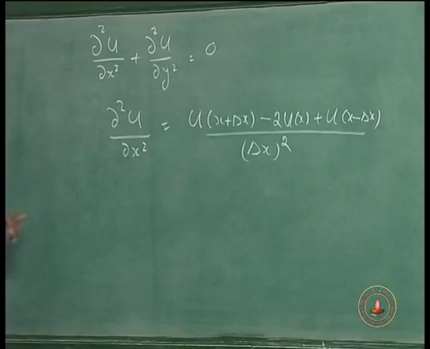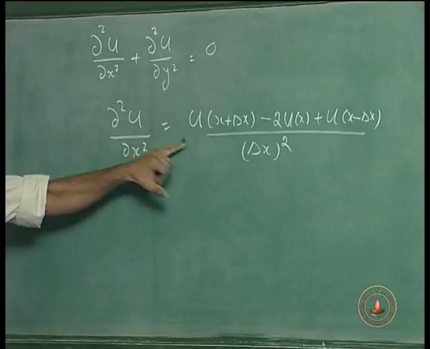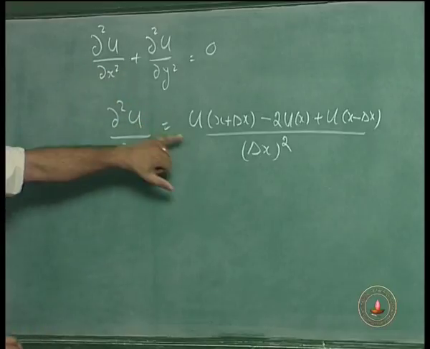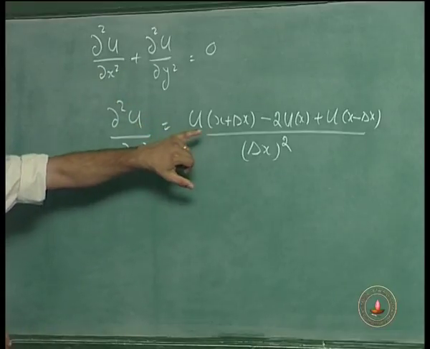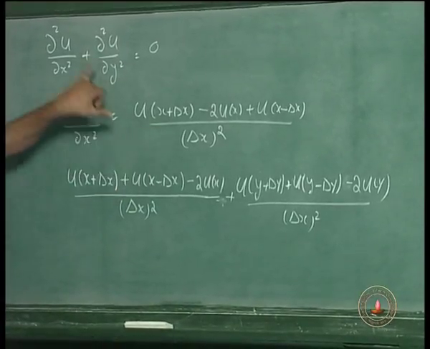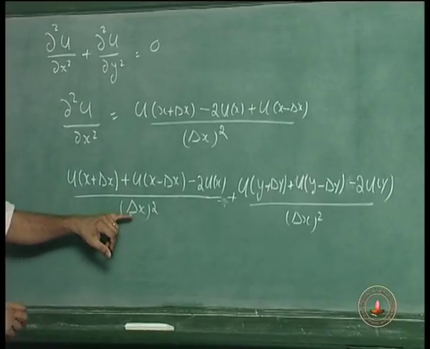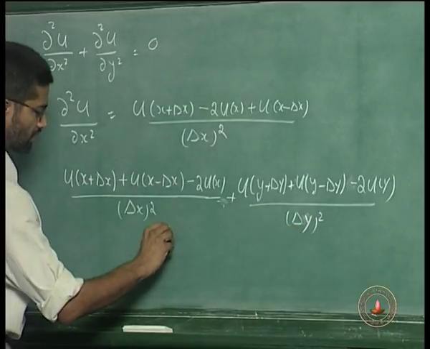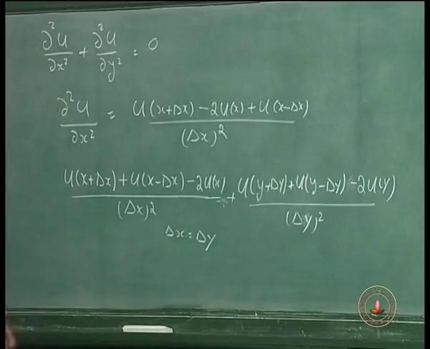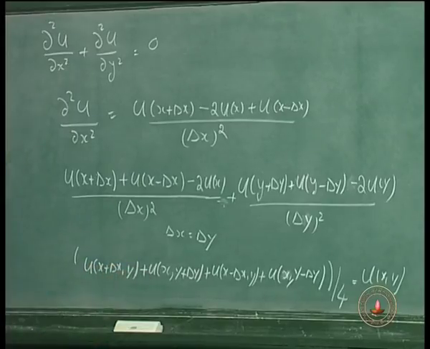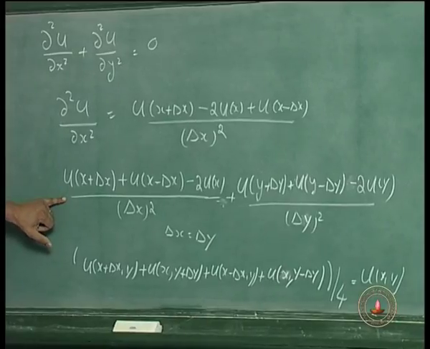And we found that these equations we can solve iteratively by writing it in the following form. That is, if you substitute these equations for the second derivatives in the difference form into the equation which we have, in the case where delta x and delta y are the same, so when delta x equals delta y, we can write these equations as, so that's what we saw in the last lecture.